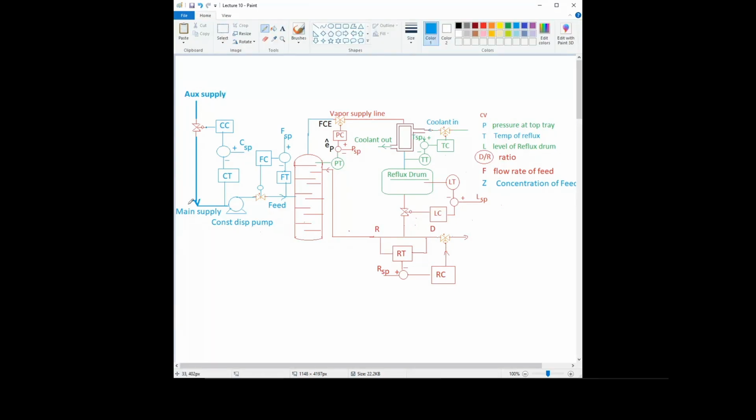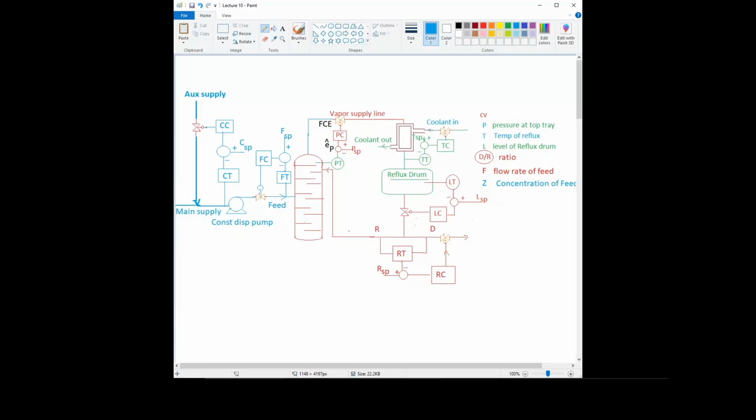And this was the main supply, right? So this is our sixth variable.